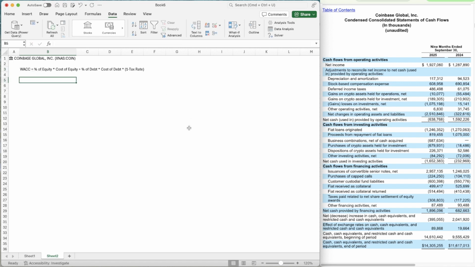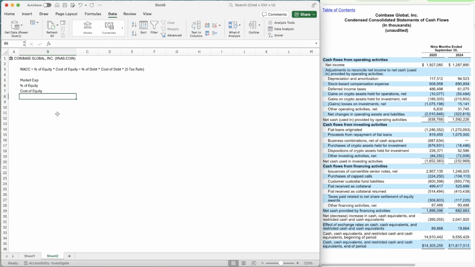Okay, we need a few components to be able to calculate this. Some of it we need to calculate, like the cost of equity, where we need to do another calculation. Percentage of debt and percentage of equity are a lot simpler. So the first thing we need is the market cap. Below that, percentage of equity, cost of equity.